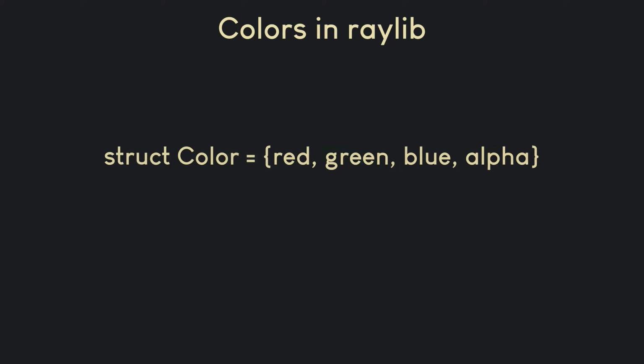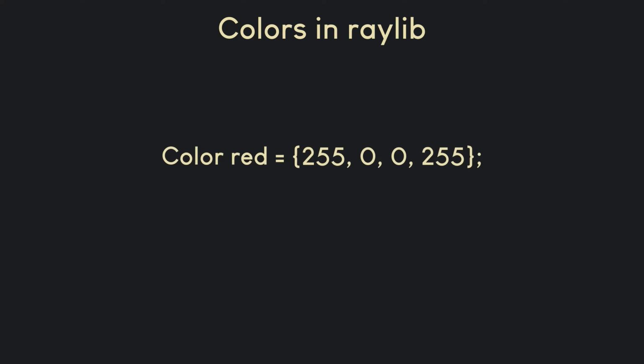For example, to create a red color, you will create a Color struct with the following values. Color red equals, curly brackets, 255, 0, 0, 255. The first 3 values represent the red, green, and blue components respectively, while the fourth value represents the alpha component, or the transparency of the color.